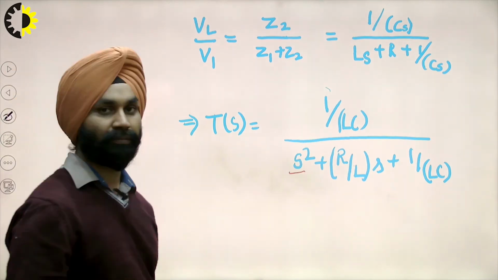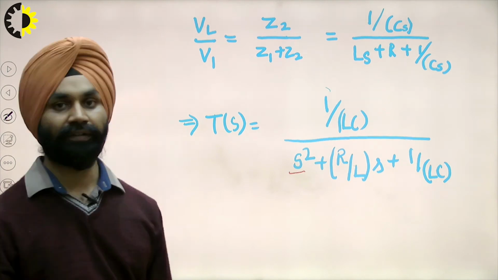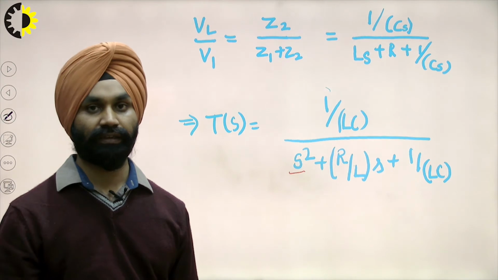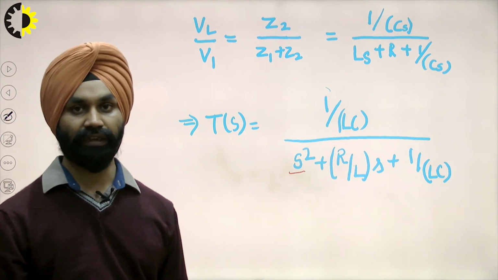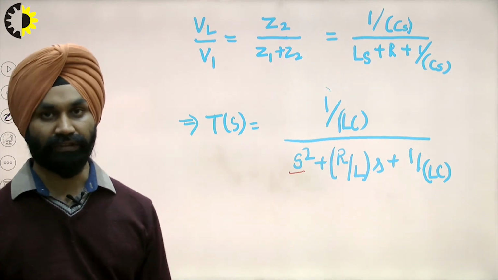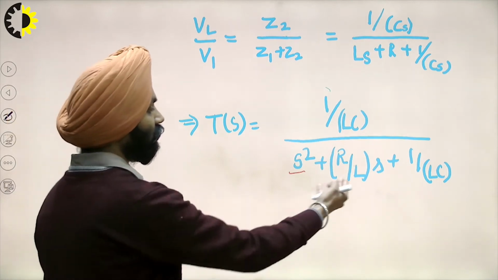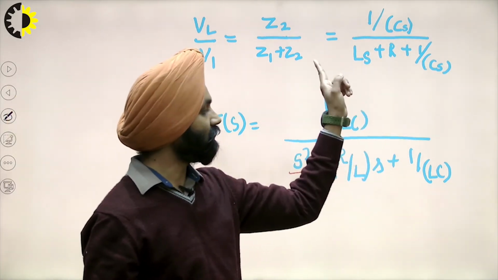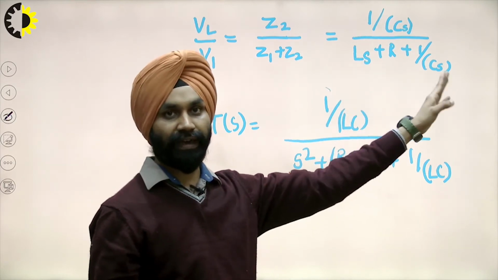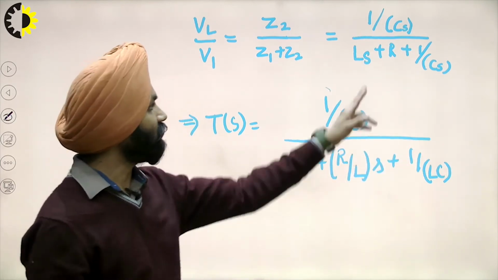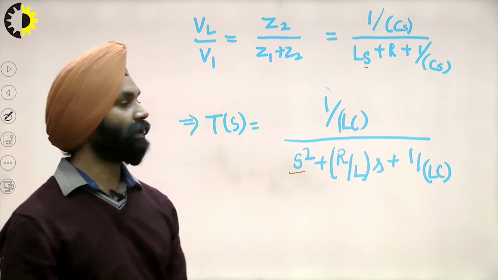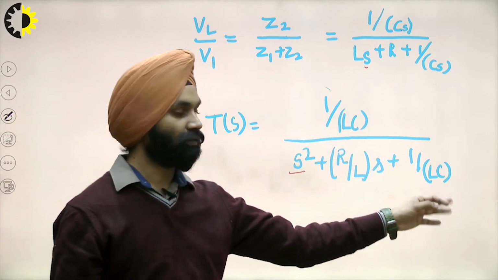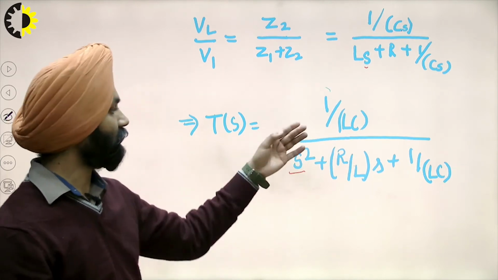First, we want the S squared term to have a unity coefficient. So, we will divide the whole thing by L. We multiply by S and divide by L throughout. So, S will be cancelled out and it will be S square plus R by L S plus 1 upon LC, over 1 upon LC.